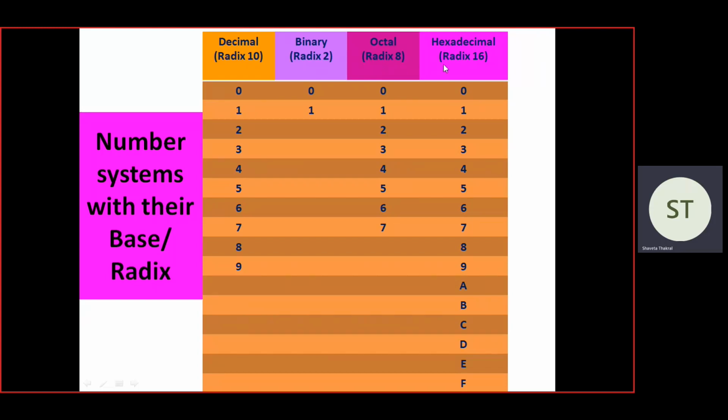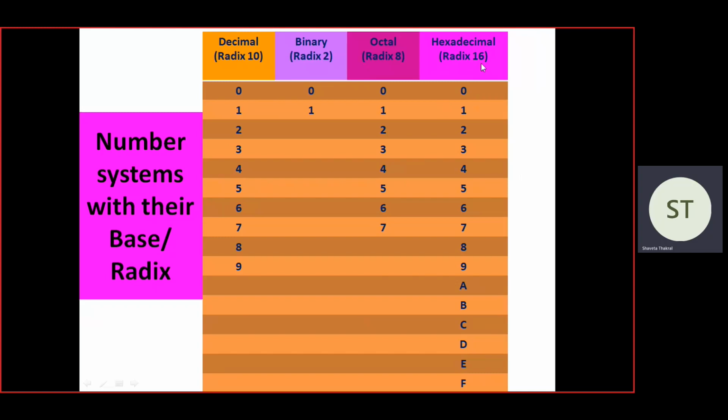In the case of the hexadecimal number system, the range is from 0 to 9, and then A, B, C, D, E, and F. So in total, 10 digits from 0 to 9, and 6 alphabets A, B, C, D, E, F. So 10 digits and 6 alphabets make a total of 16 unique digits, and therefore the base or radix of the hexadecimal number system is 16.